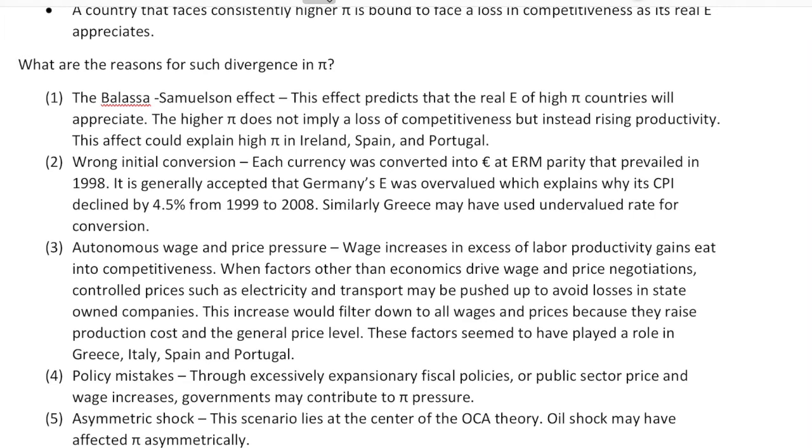Okay, so real exchange rates of high inflation countries will appreciate, but this appreciation is not a loss of competitiveness; it's instead caused by rising productivity. This effect could then in turn explain high inflation in Ireland, Spain, and Portugal.